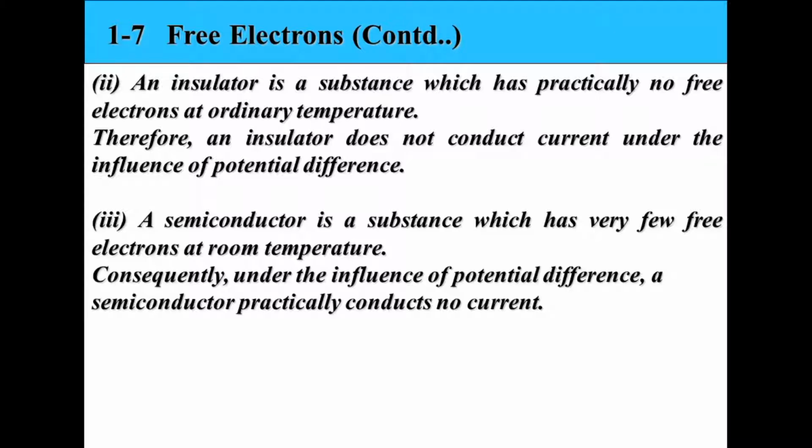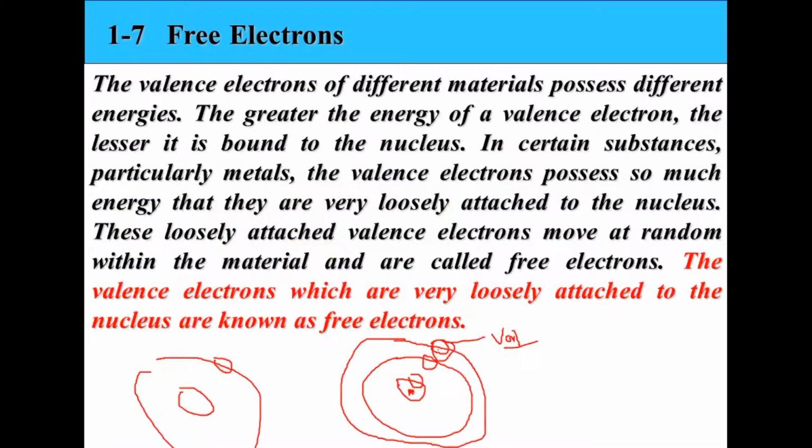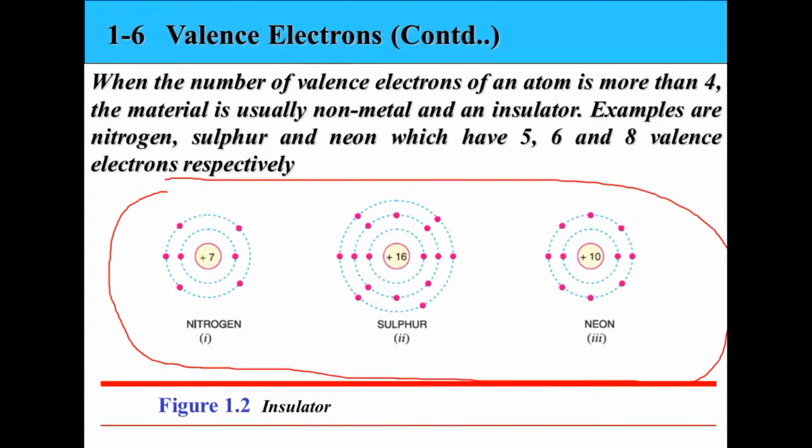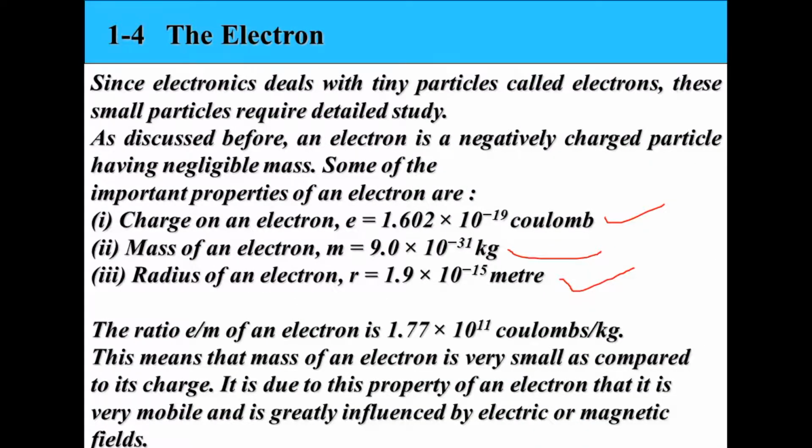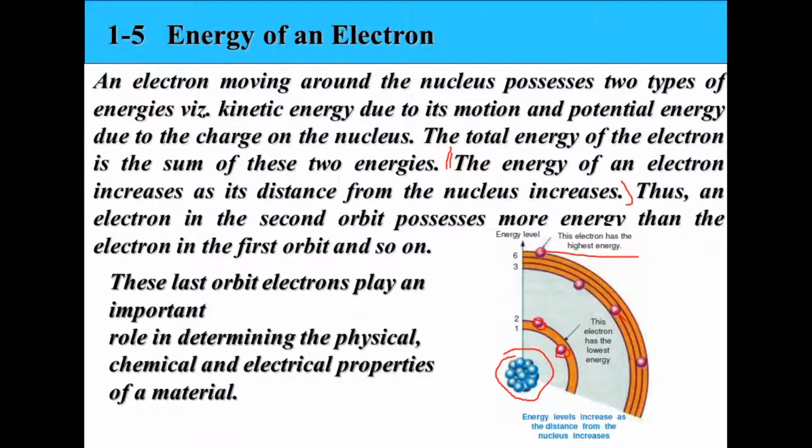So now, if you look at what we have just covered in this class, we looked at electrons and some of their properties. We looked at energy, telling us that in an atom with a larger number of orbits, the electrons in the last orbit possess more energy than every other electron in that atom.